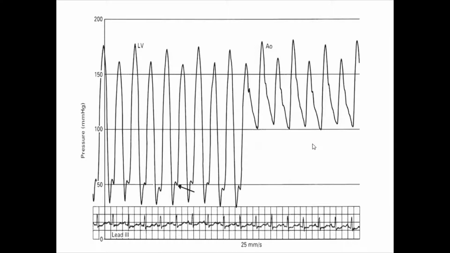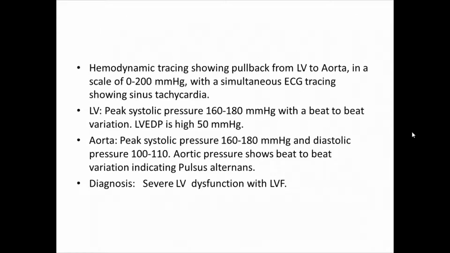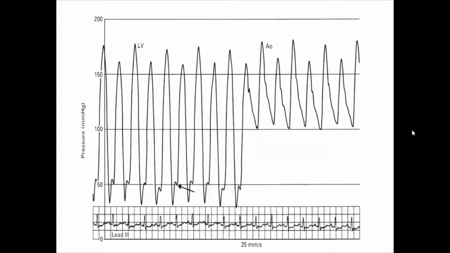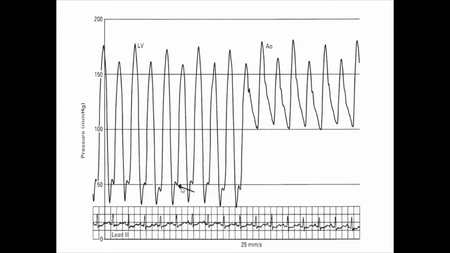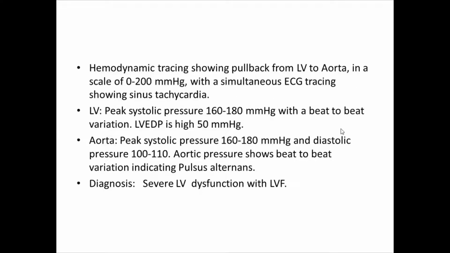Good, well done. This is the typical description. Hemodynamic tracing showing pullback from LV to aorta in a scale of 0 to 200 with simultaneous ECG tracing showing sinus tachycardia. LV peak systolic 160 to 180, with a beat-to-beat variation. LVEDP is high at 50. This is the arrow for the LVEDP.